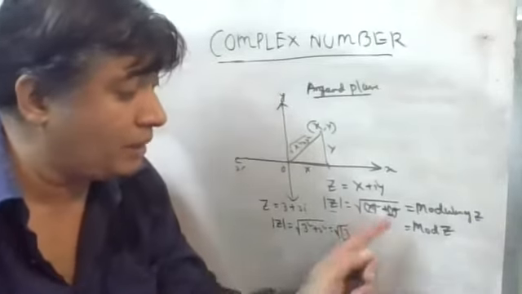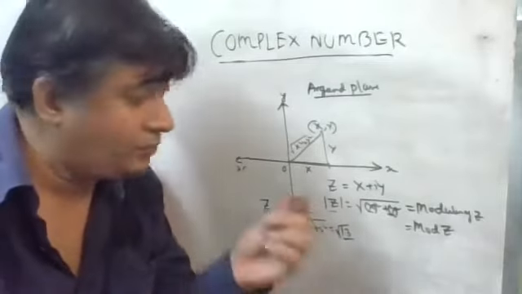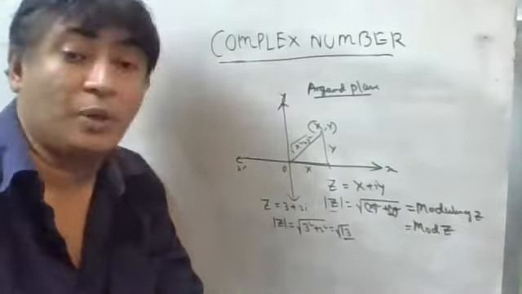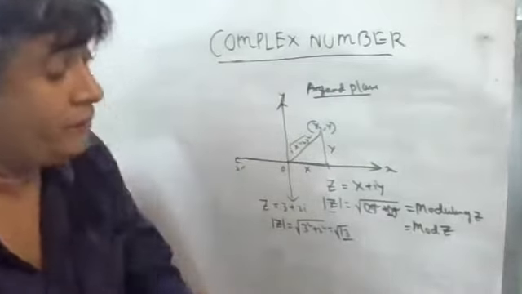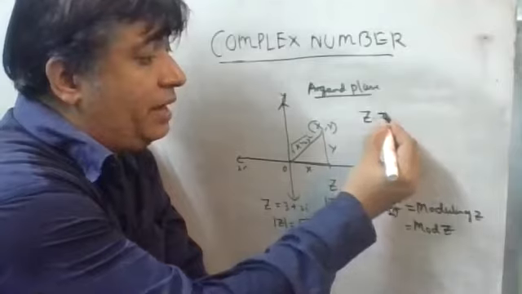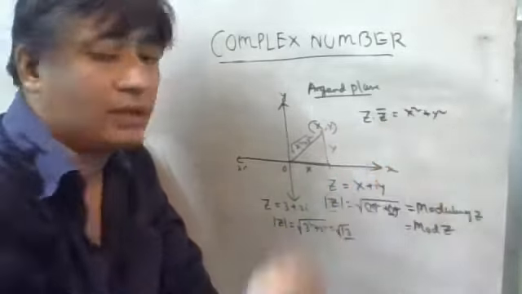Hope you have no problem in accepting this. Now, from this concept, we can derive another property. What property? A few minutes back, we were taught z into z bar is x square plus y square.